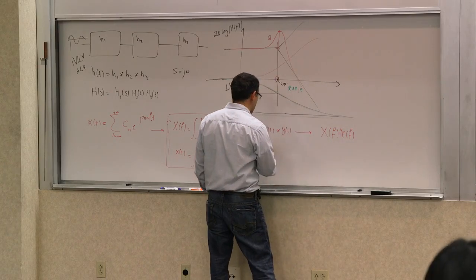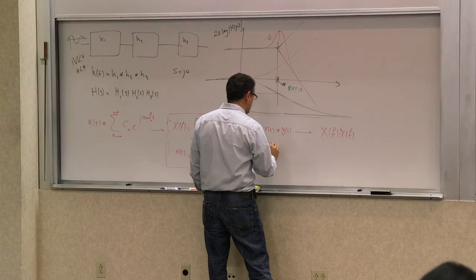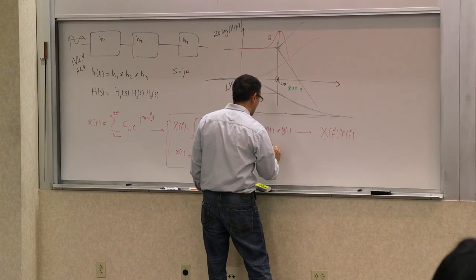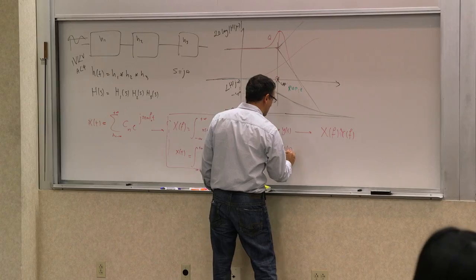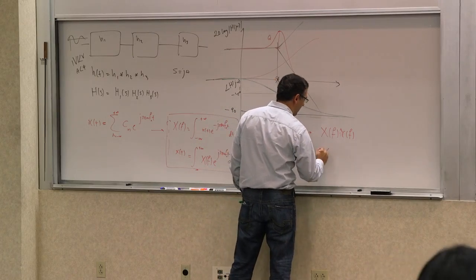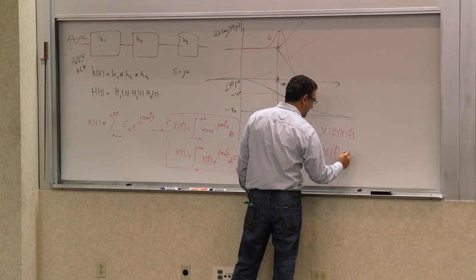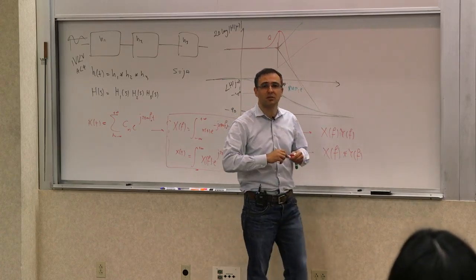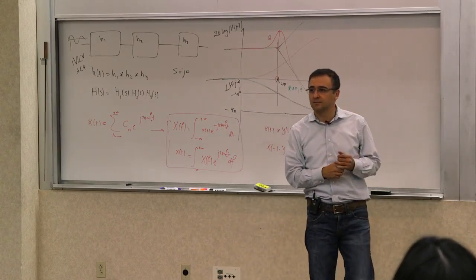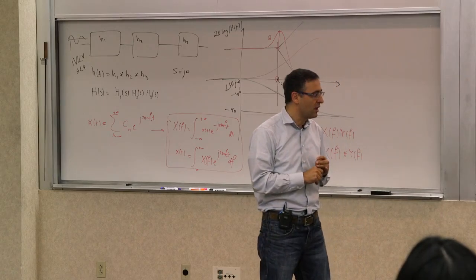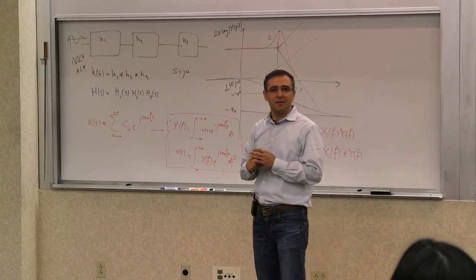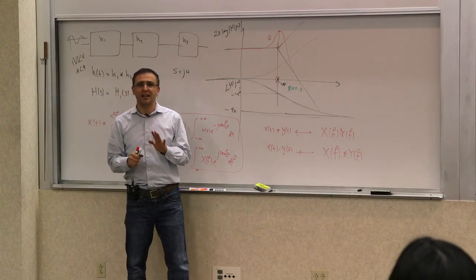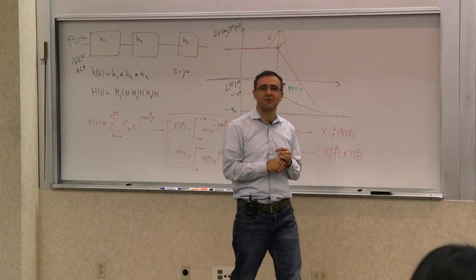And conversely, multiplication in the time domain corresponded to a convolution in the frequency domain, which allowed us to play all sorts of games, which we saw examples of in modulation and sampling. So that was kind of a very super fast review of what we covered in this class. Again, it misses a lot of details.